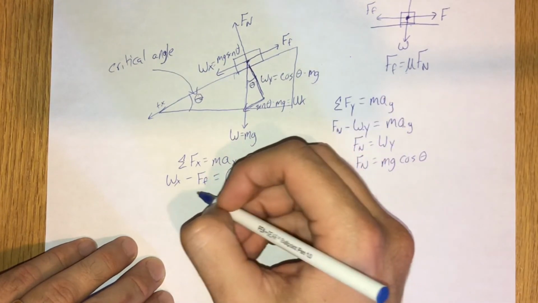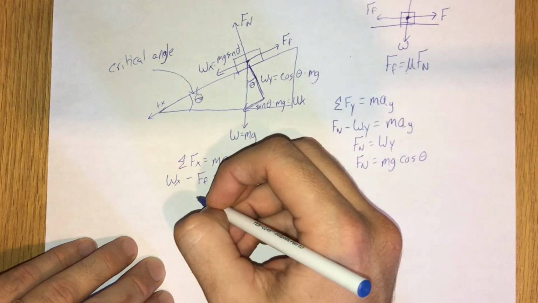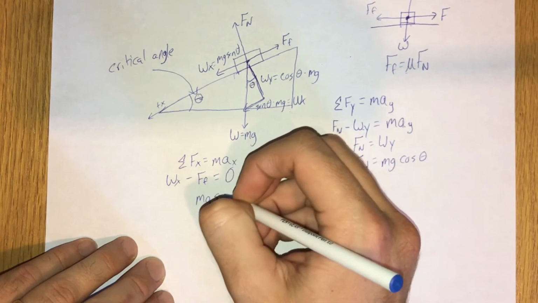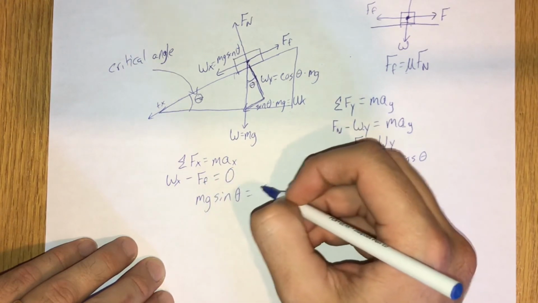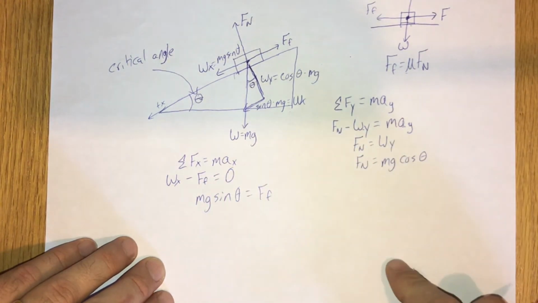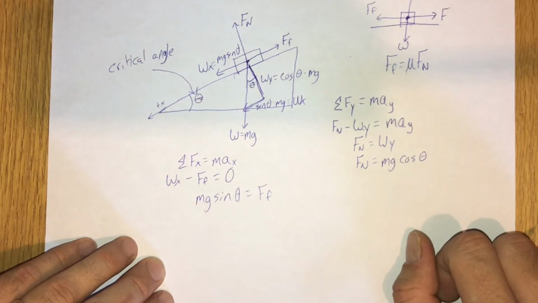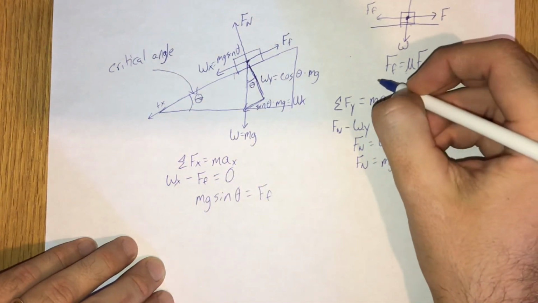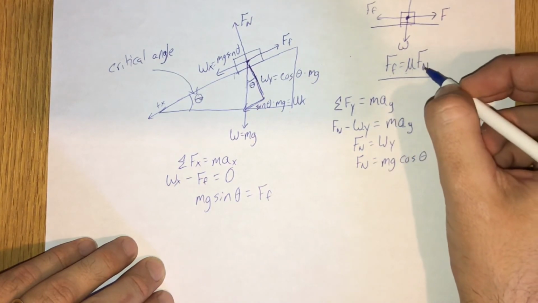So here we can see that the x component of weight, which is mg sine theta, would be equal to the force of friction, by adding the force of friction to both sides. From our lab work, theory suggests that the force of friction is equal to mu times the normal force.